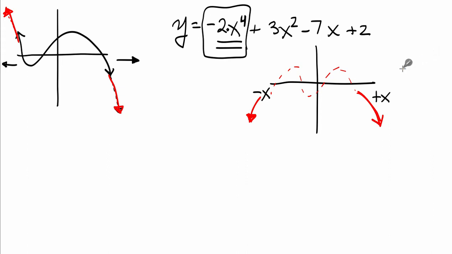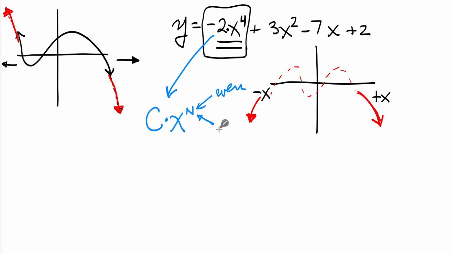Now, in blue here, let's make a little chart of possible results. The highest order term will always have a coefficient and an x value raised to some integer exponent. That integer exponent, which I'm right now calling n, can be either even or odd.